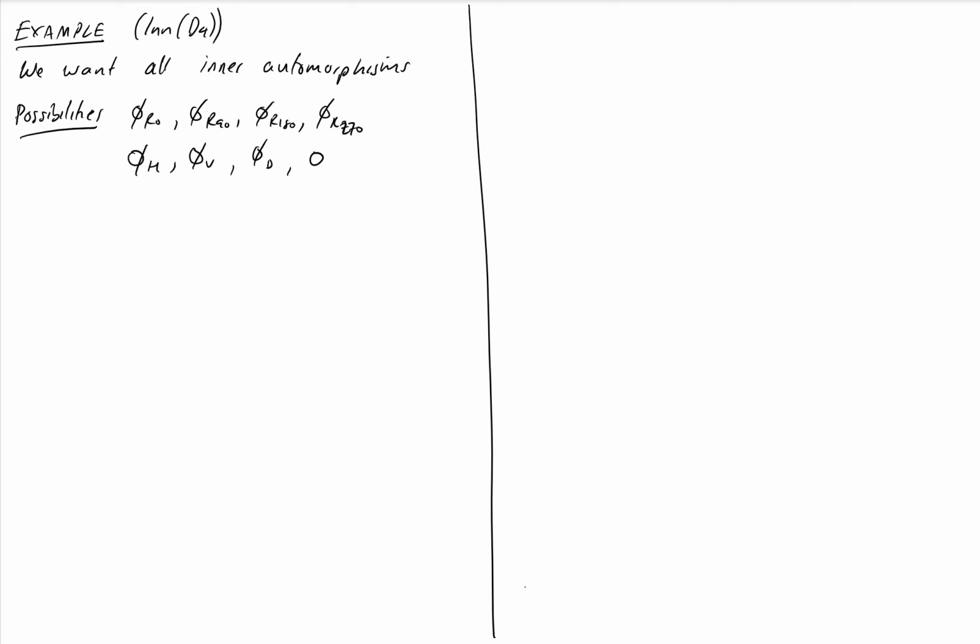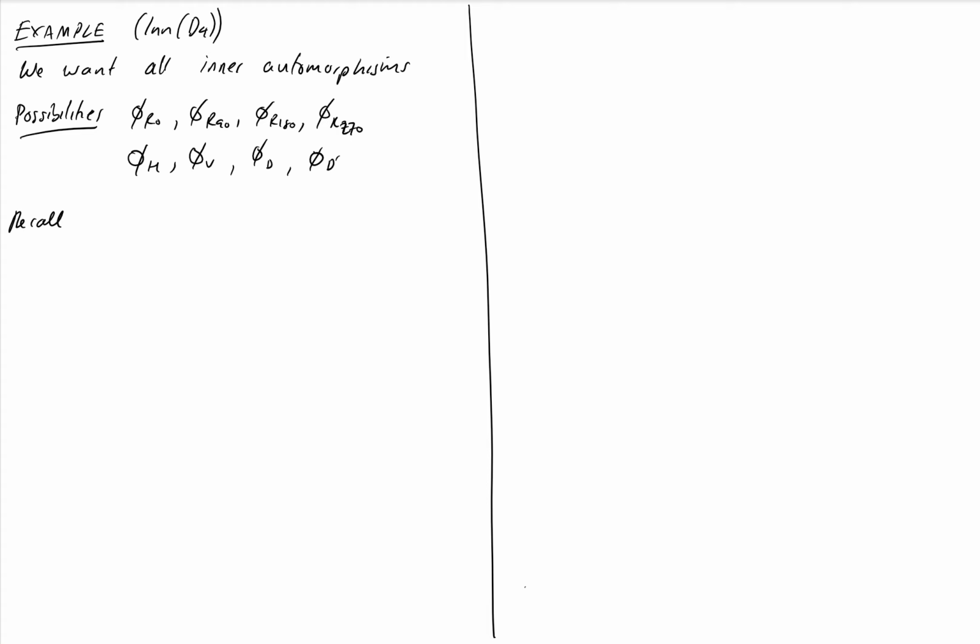However, it may be that two of these or some number of these are actually the same transformation. So we don't know that this is our full set. This might be overcounting them. Remember that these are defined by the element times x times the element inverse. So when things commute is when things potentially are going to cancel out.